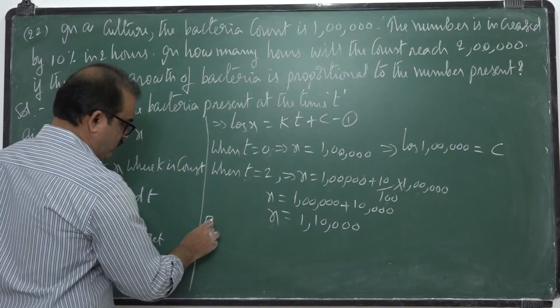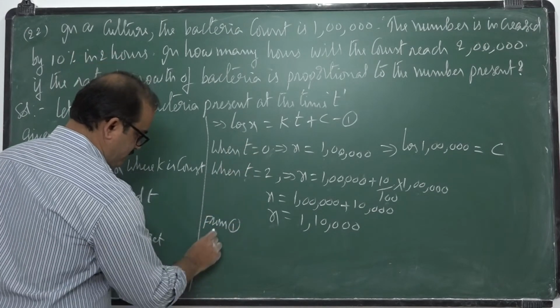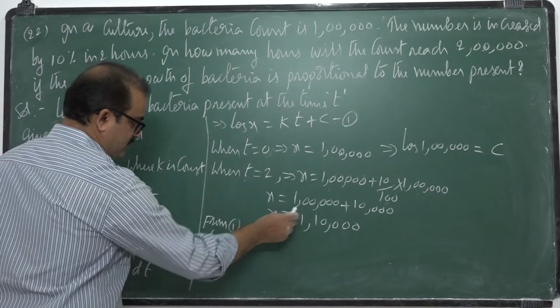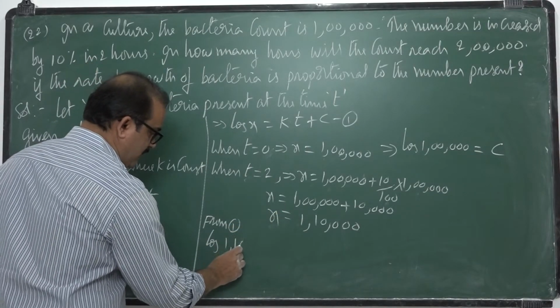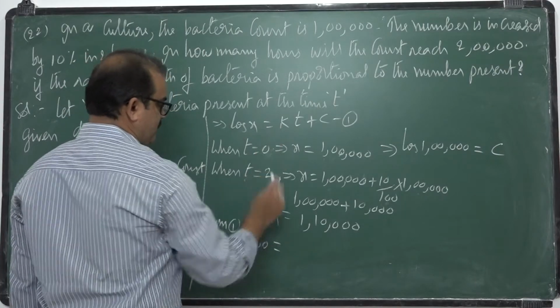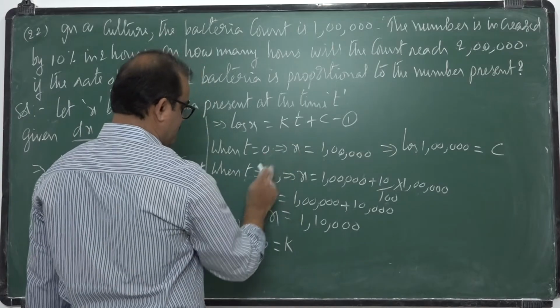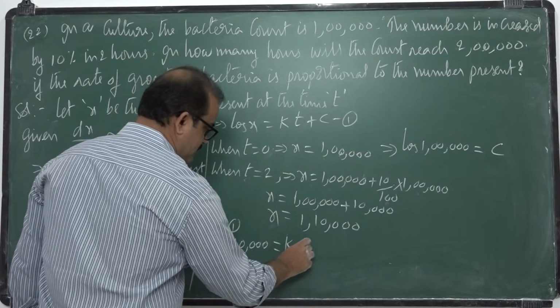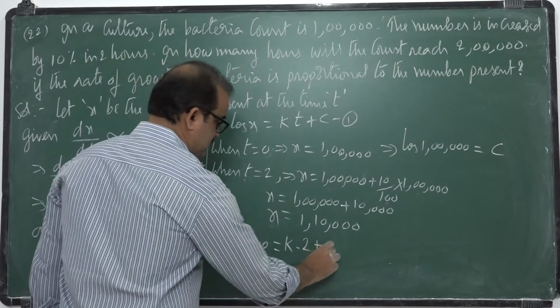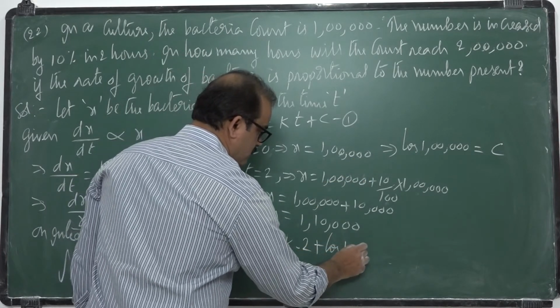From equation 1, log of x, what is x value? 1 lakh 10,000 is equal to k into t. What is t value here? 2, plus c value, log of 1 lakh.